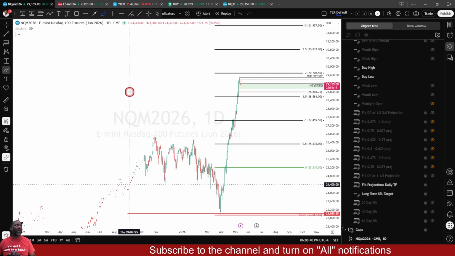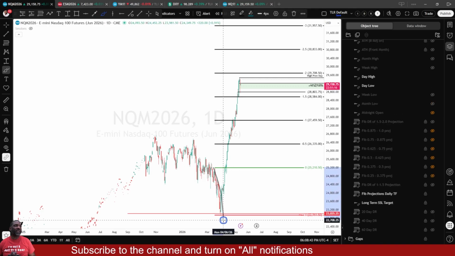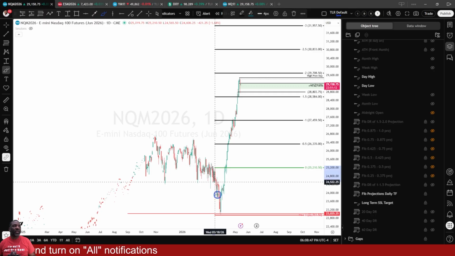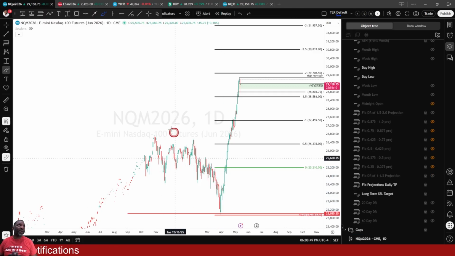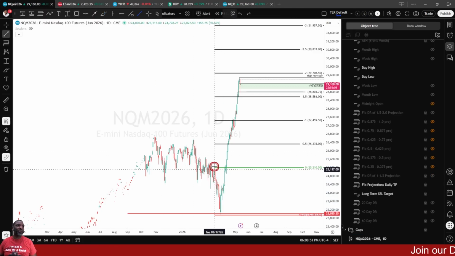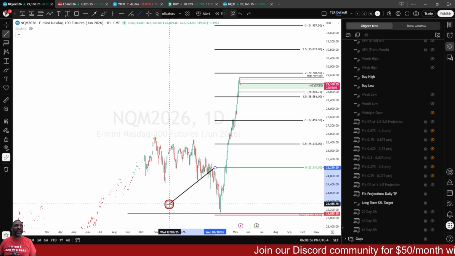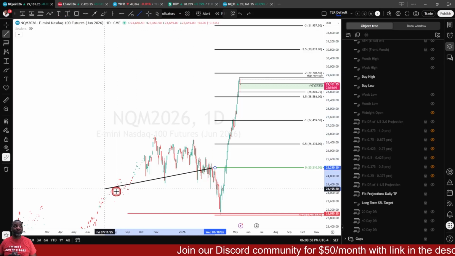We anchored it on our manipulation leg down, traded into our sell side. And once we anchored it to that manipulation leg, that gave us the power to see how far this manipulation leg can swing up.